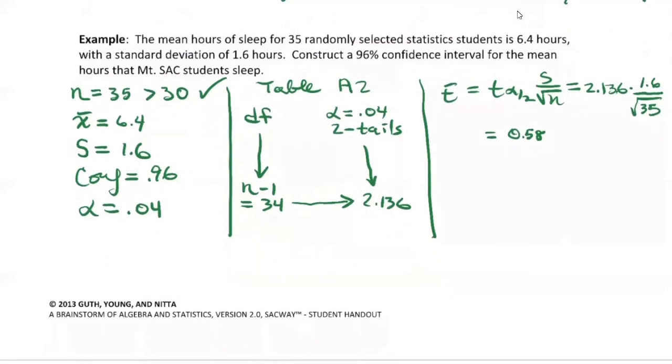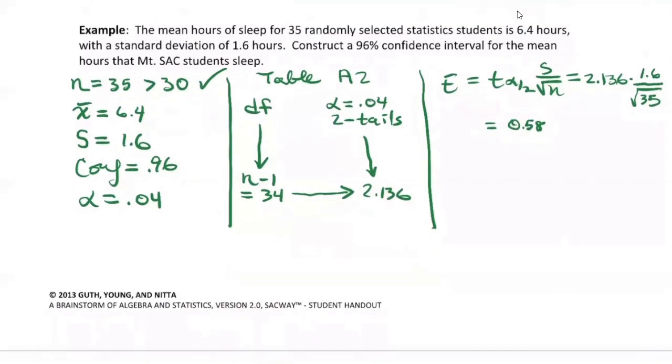Okay, and now just the confidence interval. So X bar minus E less than mu, less than X bar plus E. When you subtract from X bar, that's 6.4 minus the error, which we're giving as 0.58.